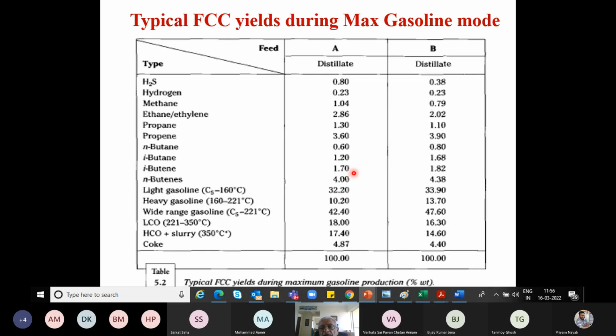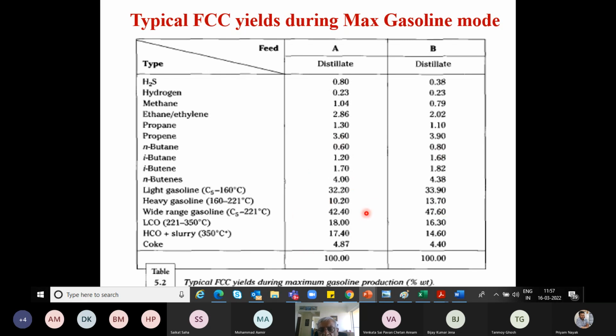We make butyl rubber in our refinery in Jamnagar, and halobutyl rubber, which is used in tubeless tires. This is the first time in India; otherwise the entire requirement of India is imported. So this is the first time India started making butyl rubber using a Russian technology. And so these C4 components are pretty valuable, and of course the gasoline as well.